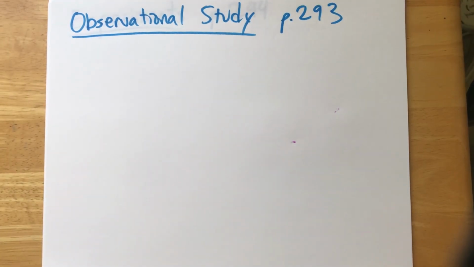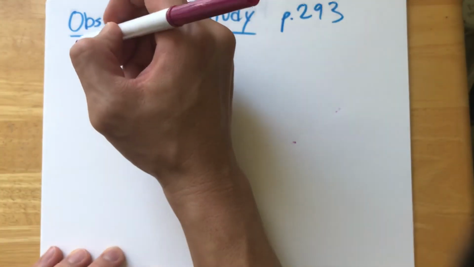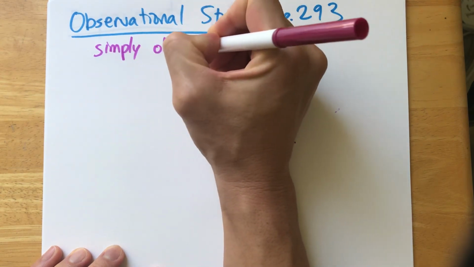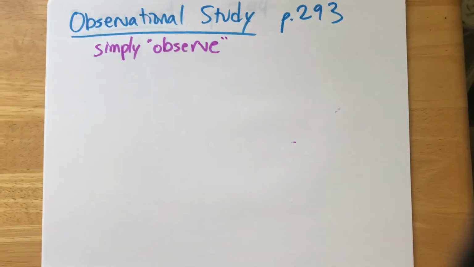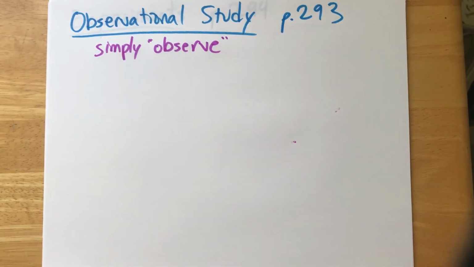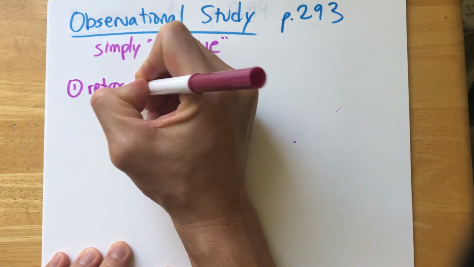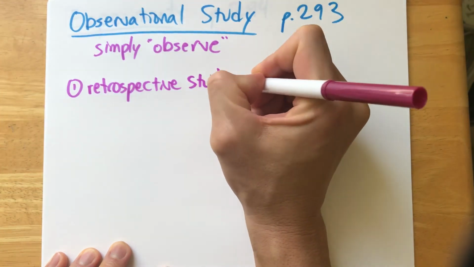An observational study starts on the bottom of page 293. You just simply observe. Hence, observational study. You're just watching. Okay? You're just note-taking. There's two types here. The first type we have is called a retrospective study.